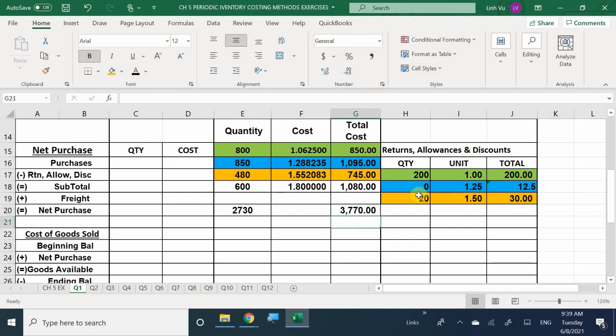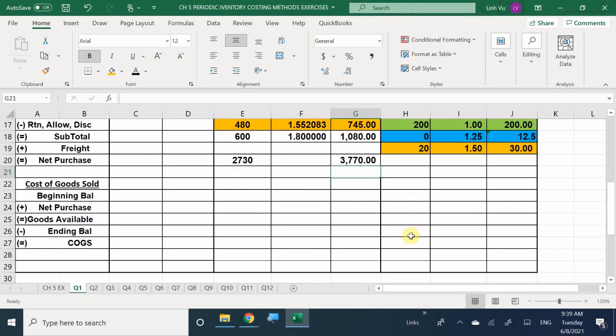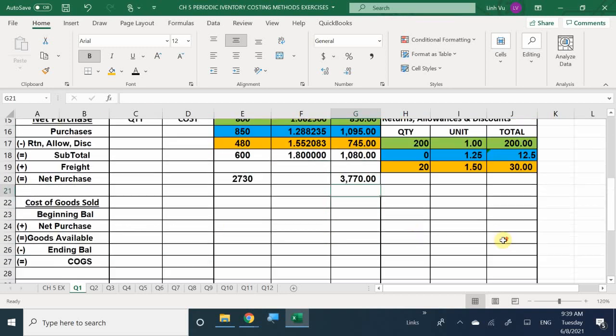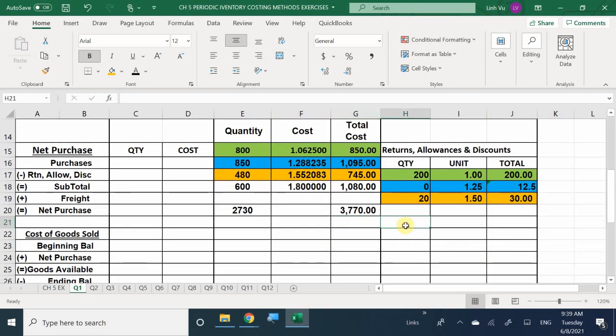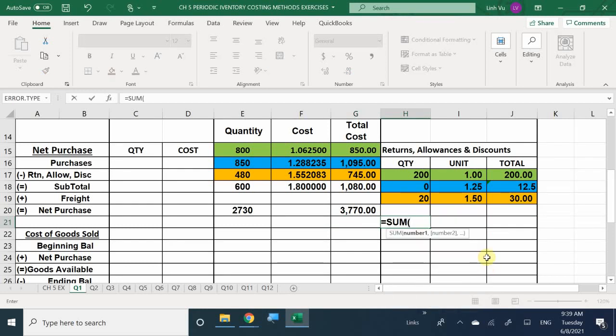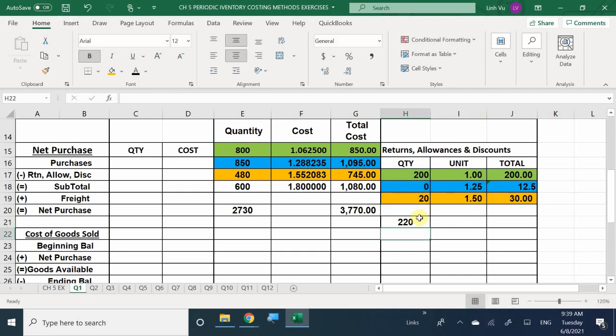All right. And I'm also going to go ahead right across here. Usually I do it at the very bottom, but I guess that's fine here if we do the sum here. What was my total sum of purchase returns and allowances and discounts? So for quantity, how many items did I return in grand total? 220. All right. And what was the total cost of all my returns and allowances? 242.50.